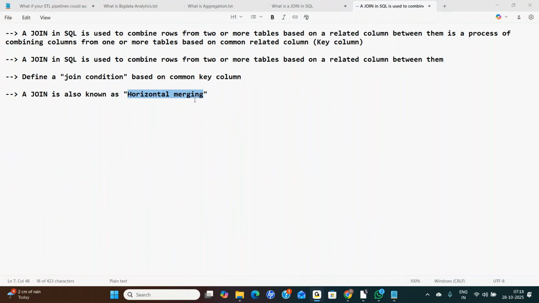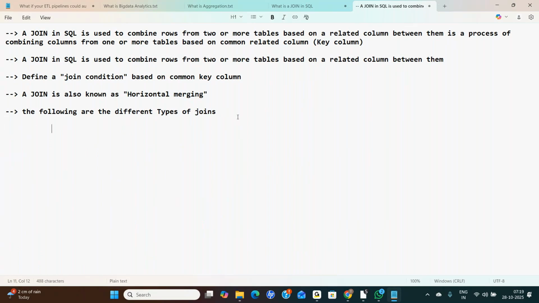Now, what are the different types of joins? The following are the different types of joins.